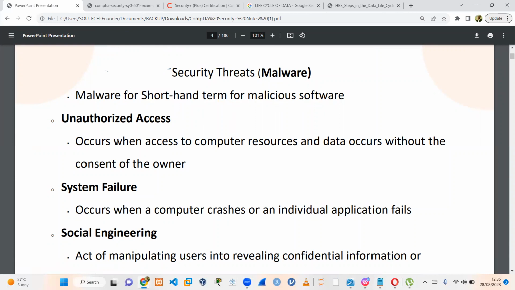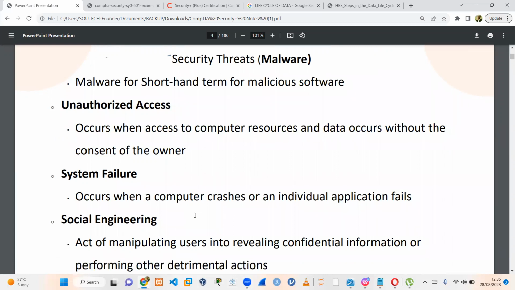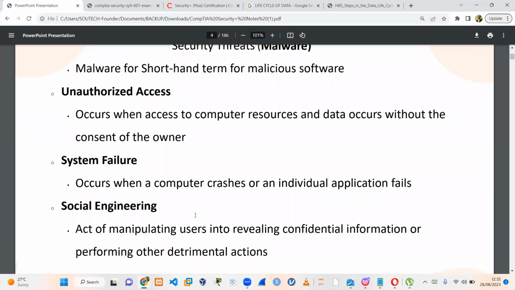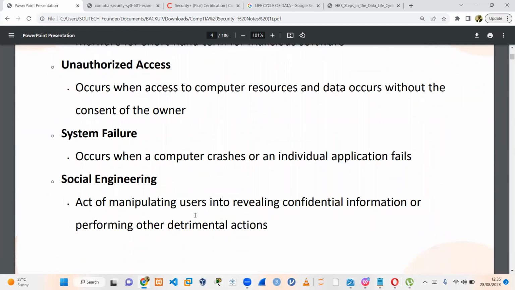Data can be stolen, data can be seen. Another example is system failure: a computer crash, or a particular application fails and you cannot load it again, or you cannot set up configurations on your PC. These are signs of a security threat.